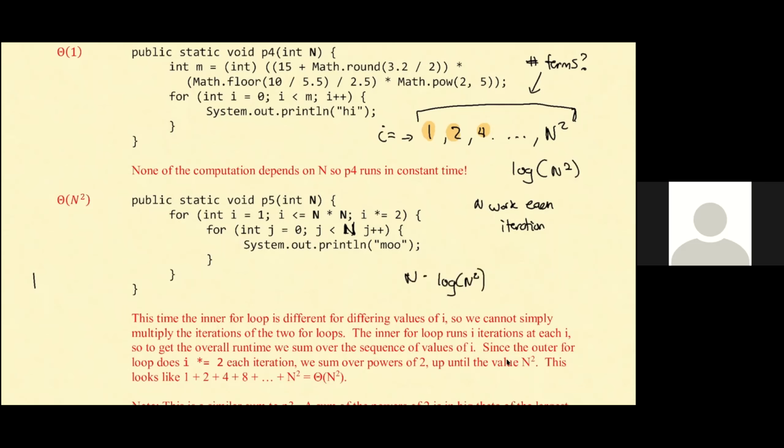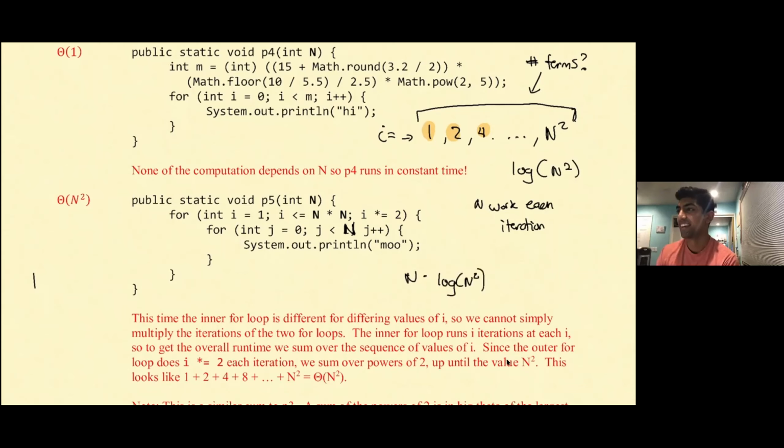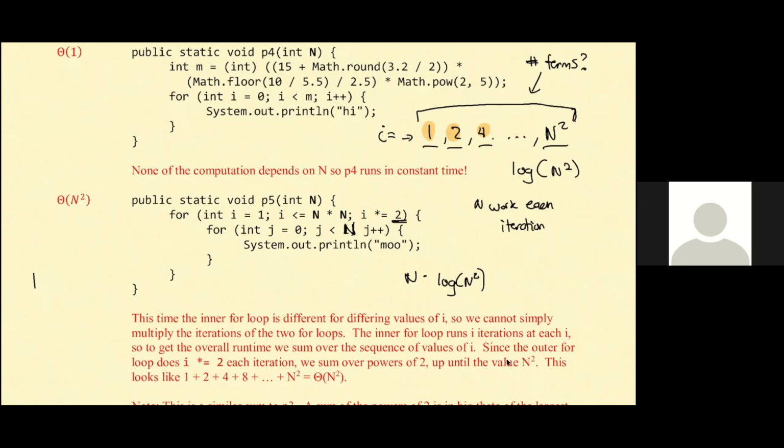And then how did you get that the number of terms was log n squared? Okay, there are a couple of ways of thinking about it. The easiest way is if you ever see i doubling each time, you can quickly conclude it's log of n squared.